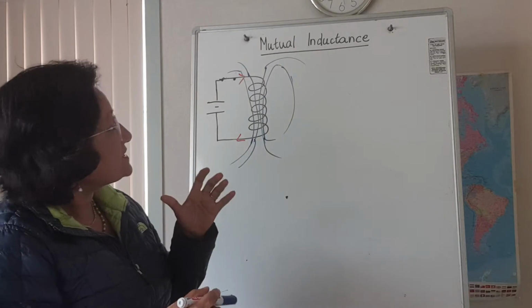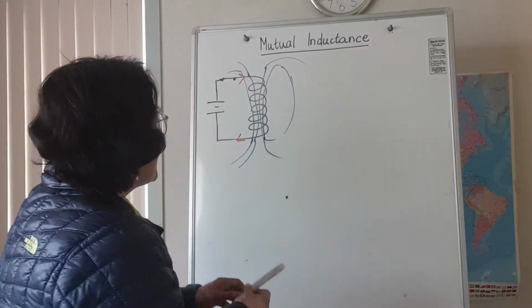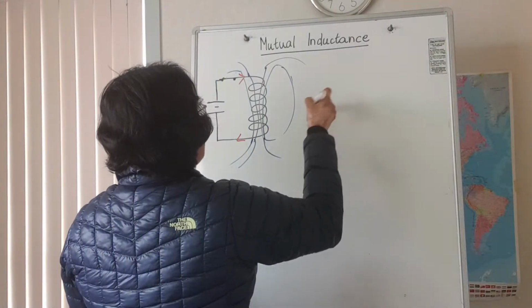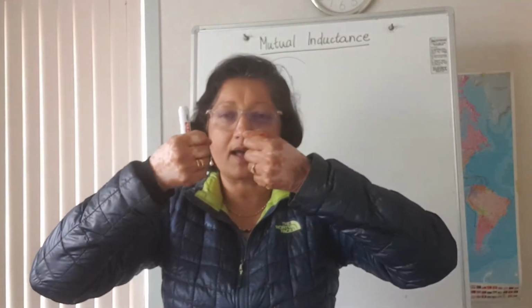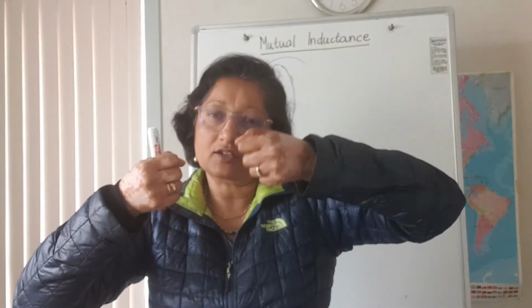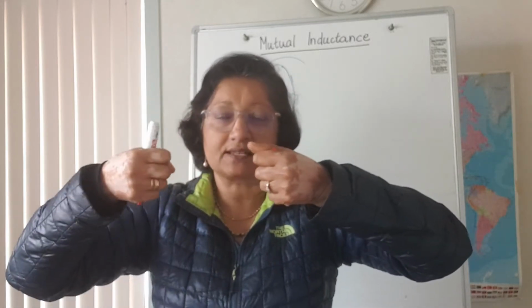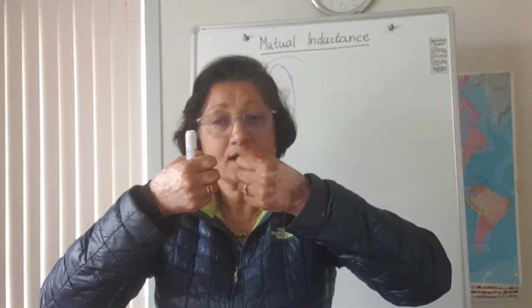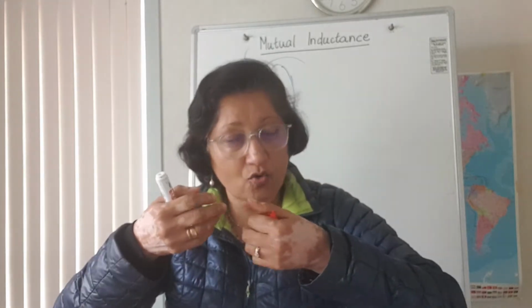But if you have a second coil quite close to it, there's an effect. If the coil is quite far away, there's not much effect. If you have a second coil really close, so it's like two coils of wire, and one coil has a current passing through it, with its magnetic field around it, and then you have a second coil which doesn't have its own source of power, the lines of flux pass through the second coil as well.